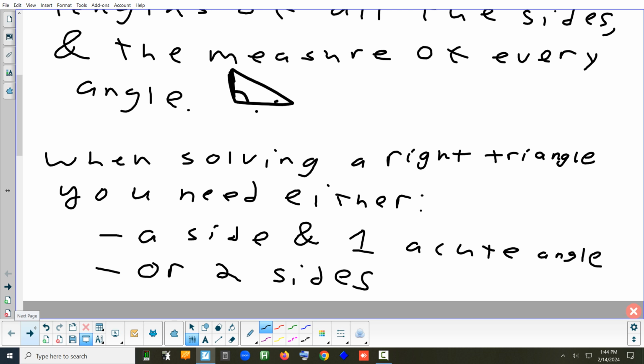As long as you have that information, you can figure out everything else in the triangle. Any question on what you have to be given to figure out?